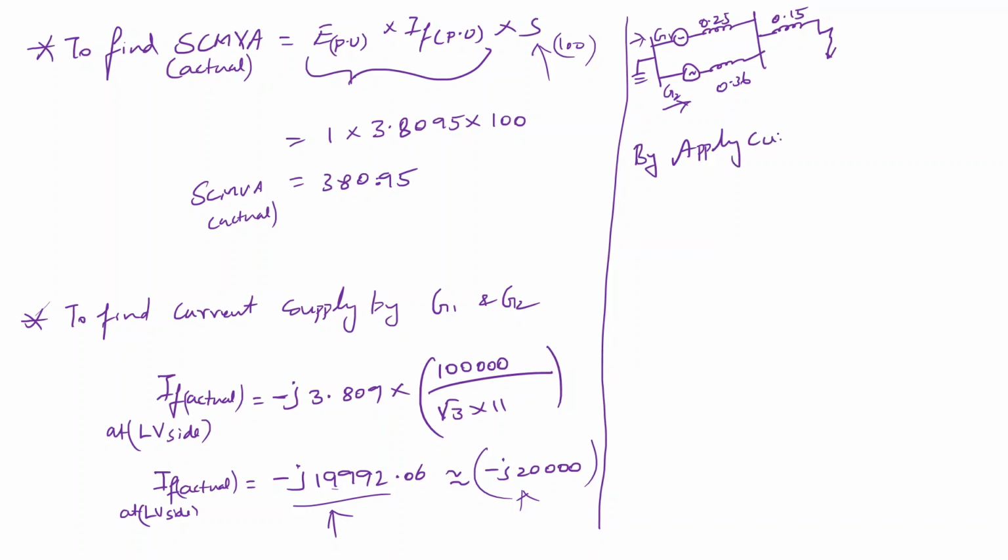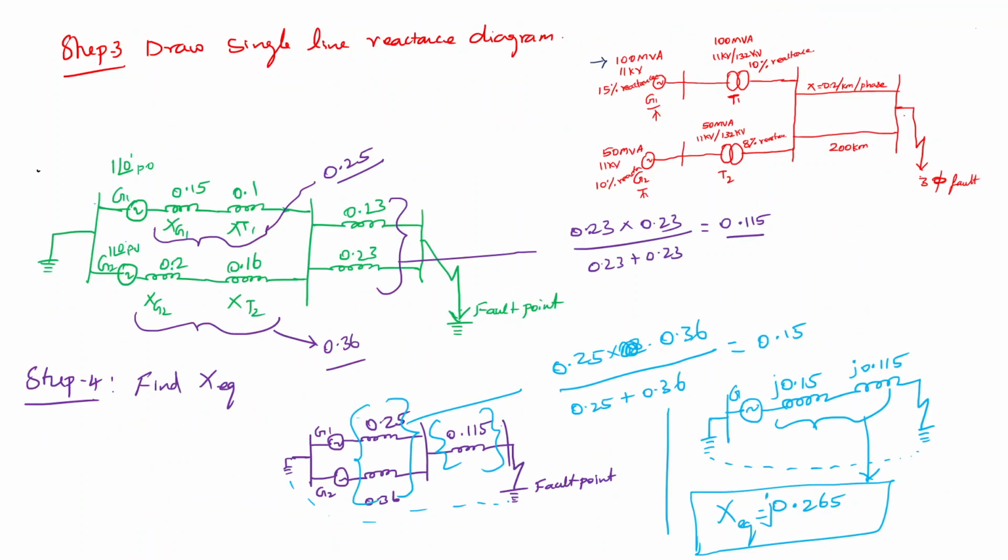So by applying the current division rule, first I need to find the equivalent reactance of these two. We already found the equivalent reactance value, right? Just taking the equivalent of these two parallel reactances, it is nothing but 0.15.